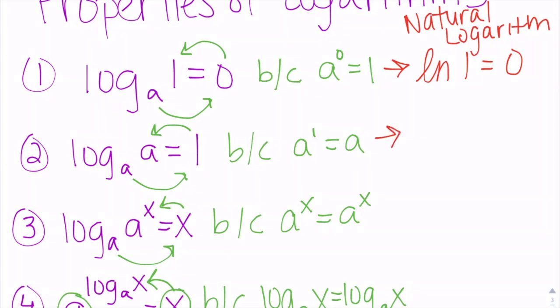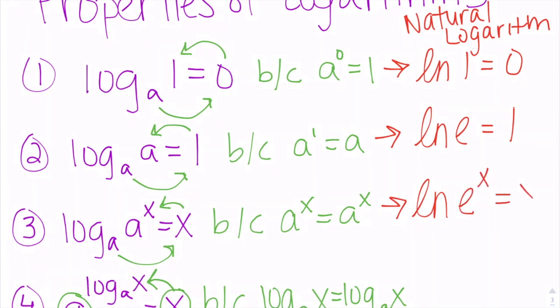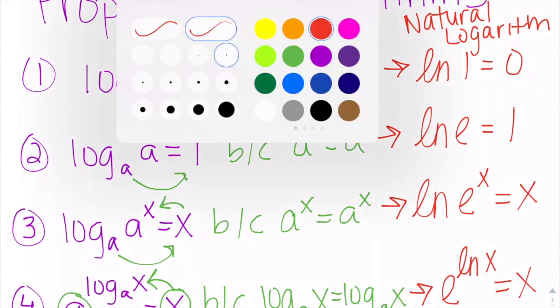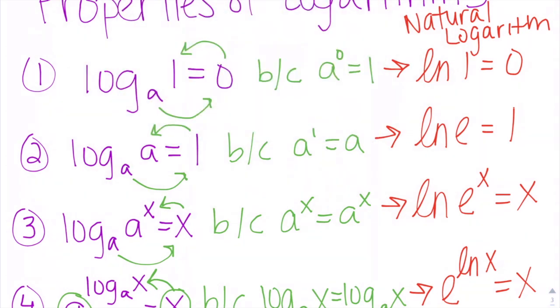The natural log of e equals 1. The natural log of e to the x equals x. And e to the natural log of x equals x. Remember that the base of a natural logarithm is the number e, and the number e is approximately 2.718, but it goes on forever and never repeats.